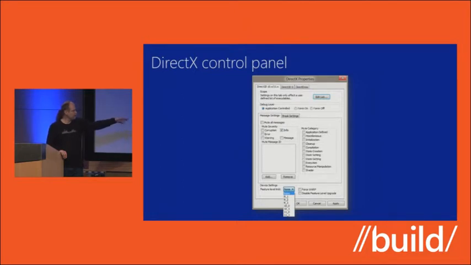If I select that to be 9.1, then the API will only return 9.1 as the maximum feature level for your API call, and that will guarantee that you're exercising your 9.1 code path. And so you'll be able to validate that your application still runs on a DX9 chip, even though you've got a DX11 chip in the machine. That's a really convenient way to get a good understanding of the experience here.